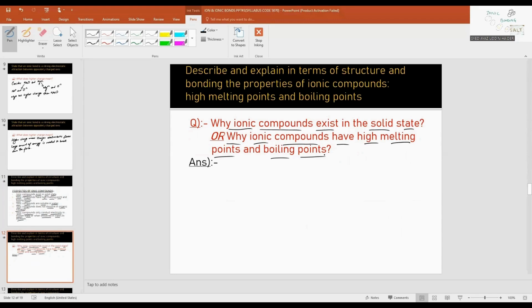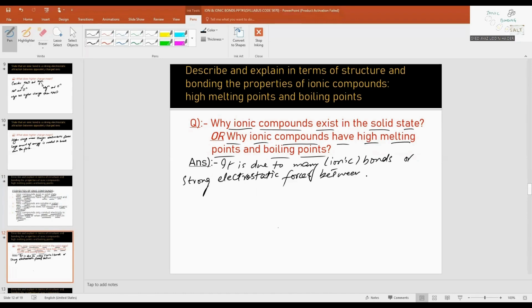It's due to many ionic bonds of strong electrostatic forces between the ions, in a giant structure.